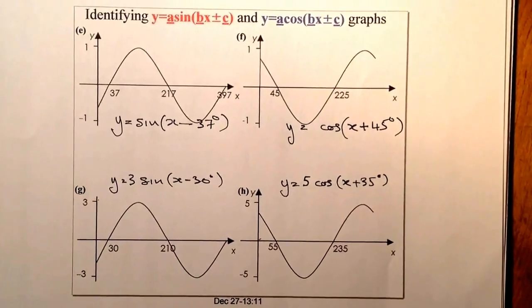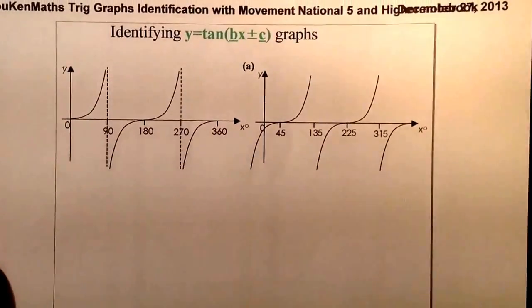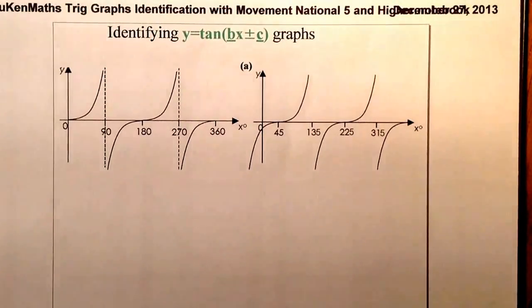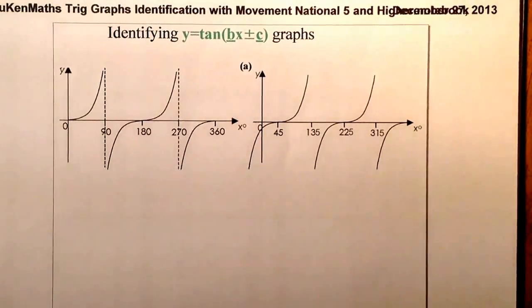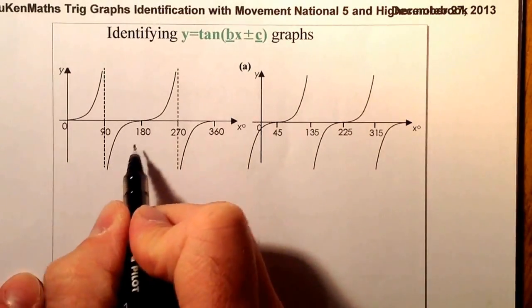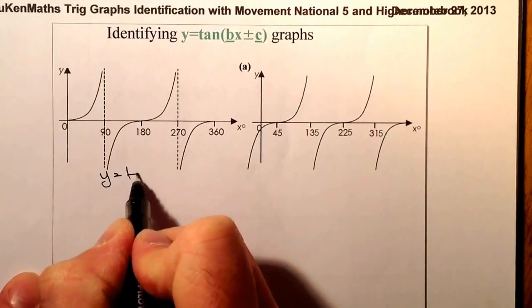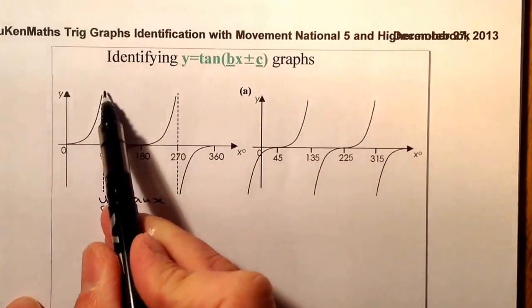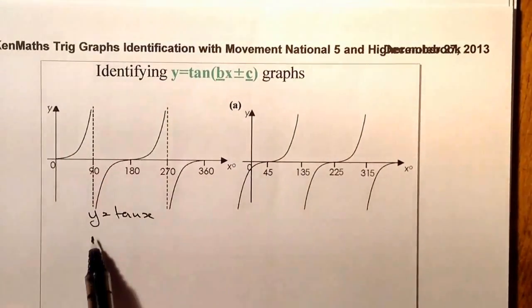Let's have a look at a tan graph from this type of work as well, and what we'll look at is just how the graph is sliding along the way. Okay, so this one here is our normal tan graph. So this one here is y is equal to tan x. It usually starts at 0 and goes all the way up at 90 and restarts at 90.